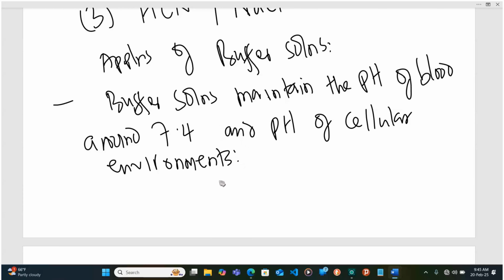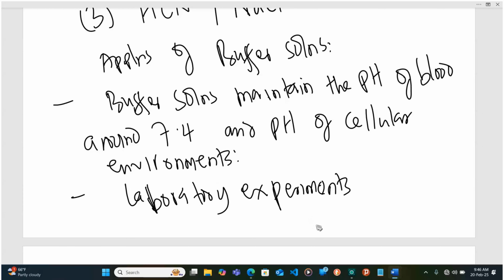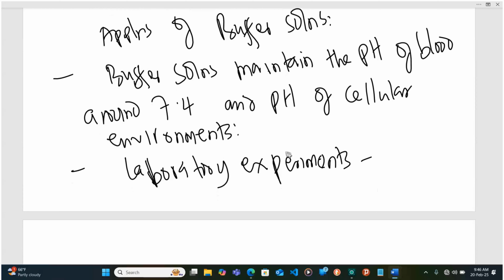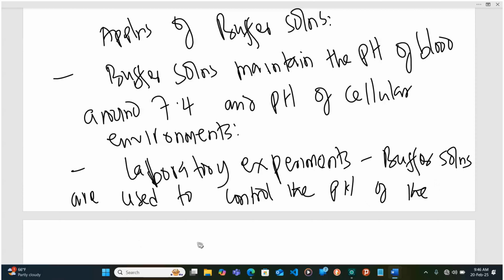In here, a weak acid exists in equilibrium with its conjugate weak base. The other application is in laboratory experiments, where buffer solutions are used to control the pH of chemical reactions.